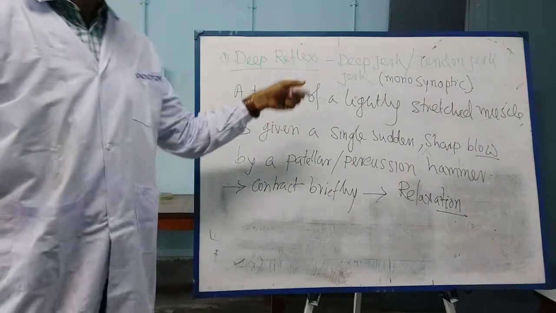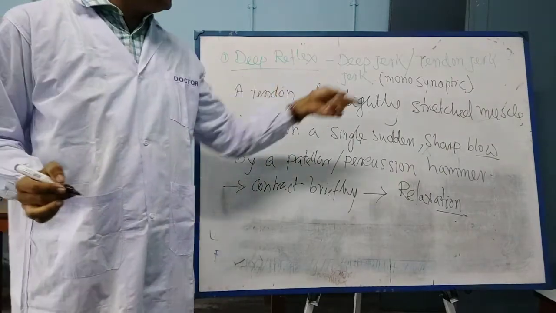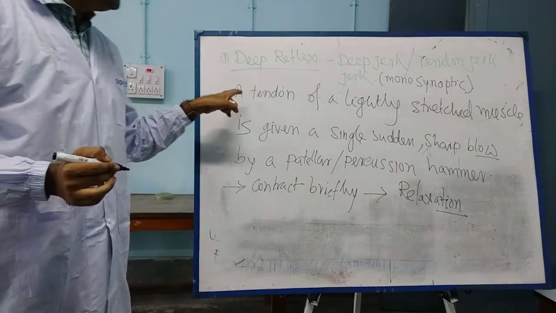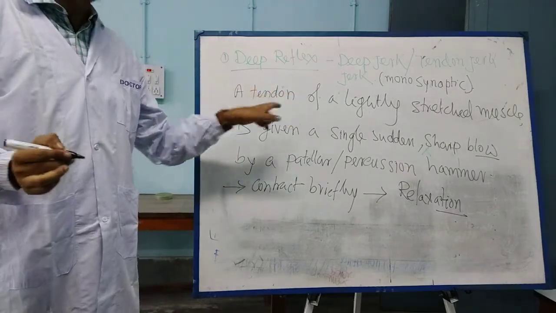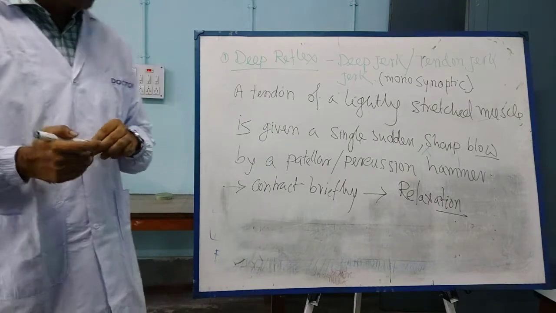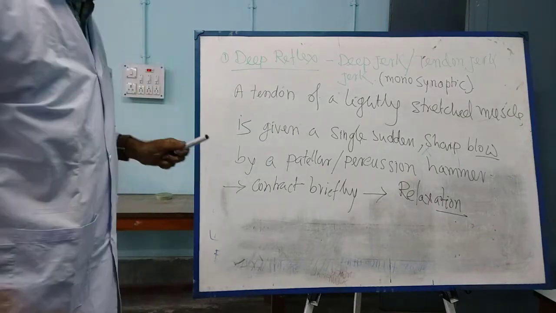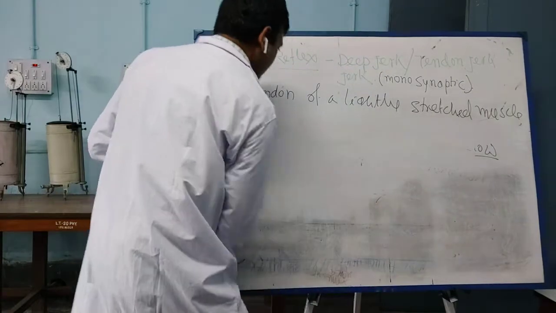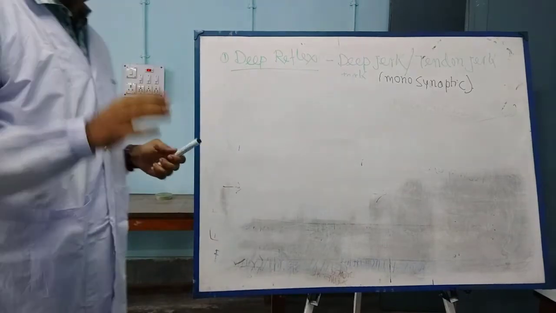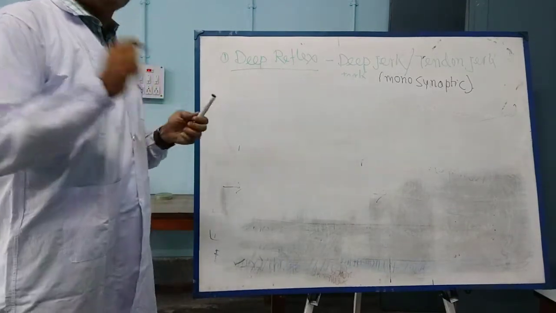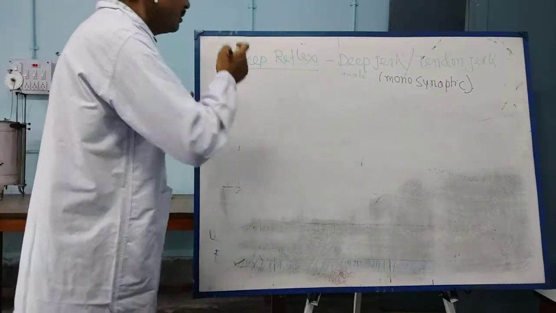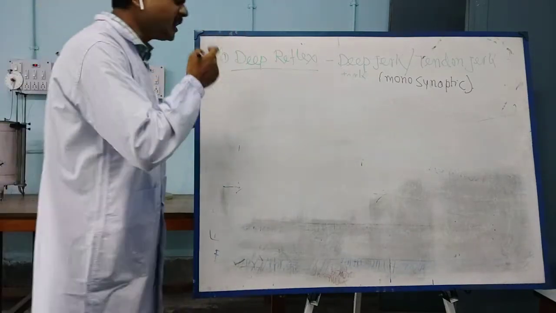This is known as deep tendon jerk or simply jerk or tendon jerk. Remember that the tendon of the lightly stretched muscle is to be struck. This is known as tendon jerk because the tendon is struck by a sudden single sharp blow.